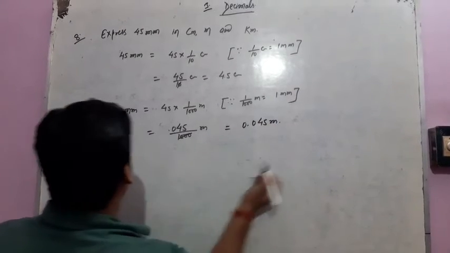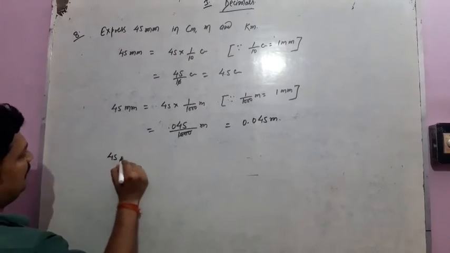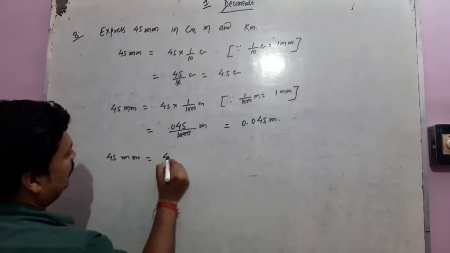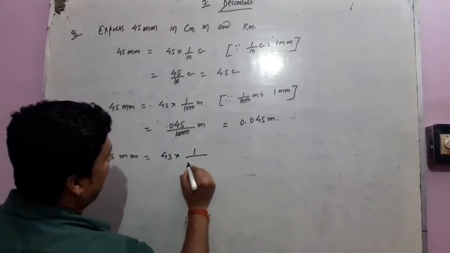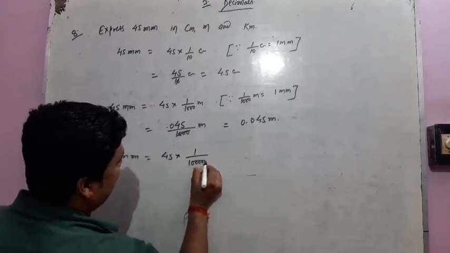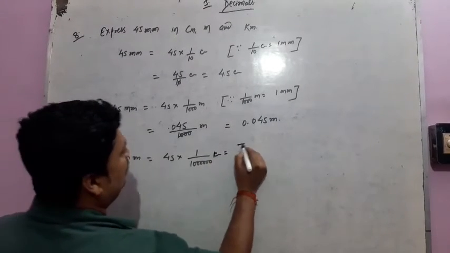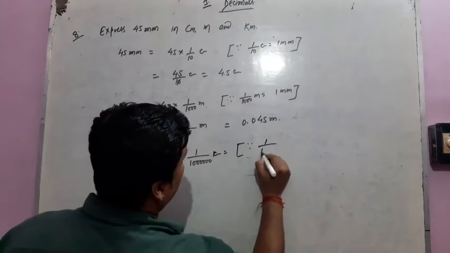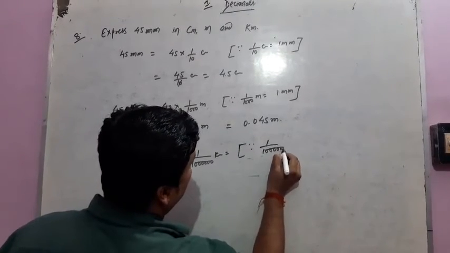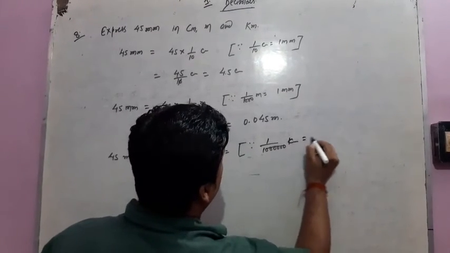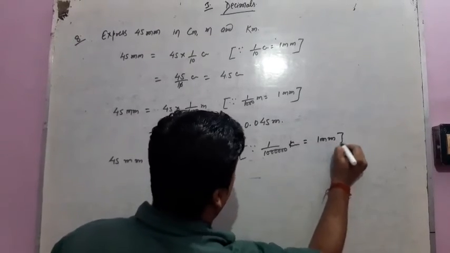0.045 meter. Now 45 millimeter is equal to 45 into 1 by 10 lakh kilometer, because 1 by 10 lakh kilometer is equal to 1 millimeter.